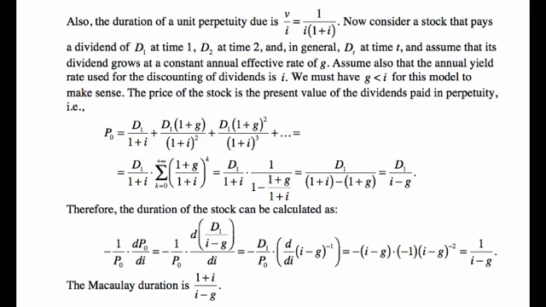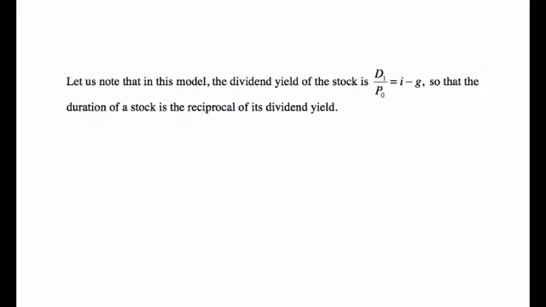We plug in that formula, we take the derivative, and after a little bit of work we get 1 over I minus G. And the Macaulay duration is 1 plus I divided by I minus G. An interesting additional observation in this model is that the dividend yield of the stock, which is the dividend divided by the price, is I minus G, so that the duration of a stock is the reciprocal of its dividend yield under the assumptions of this model.